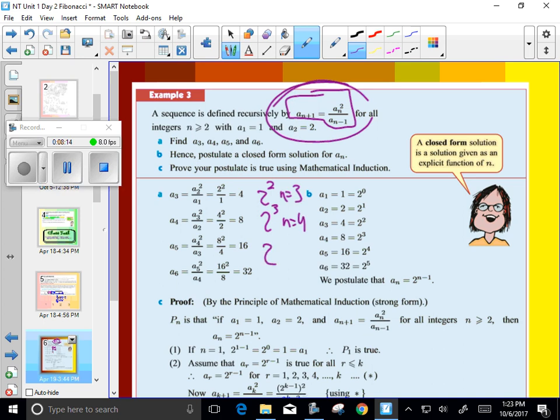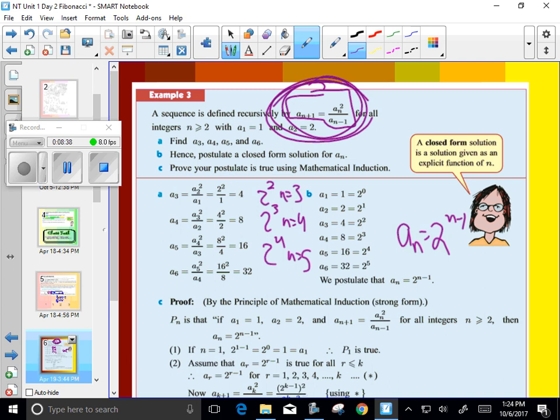This is 2 to the fourth when n equals 5. So what do you think the formula is going to be? A of n is going to be 2 to the what? N minus 1. Instead of this whole mess here, which is descriptive, and it works with Fibonacci, we can reduce it to a of n is 2 to the n minus 1. We got to prove it, though.